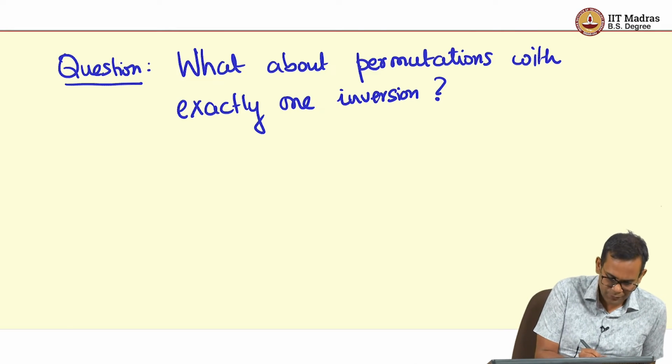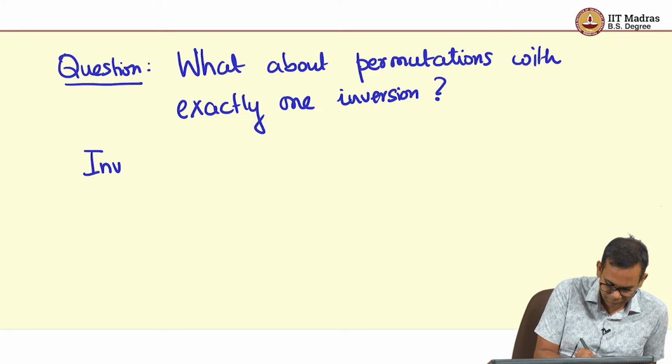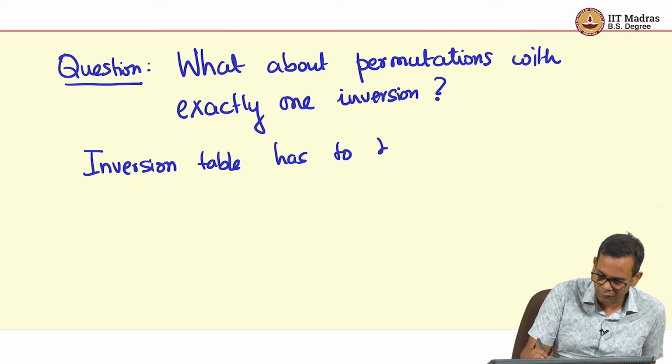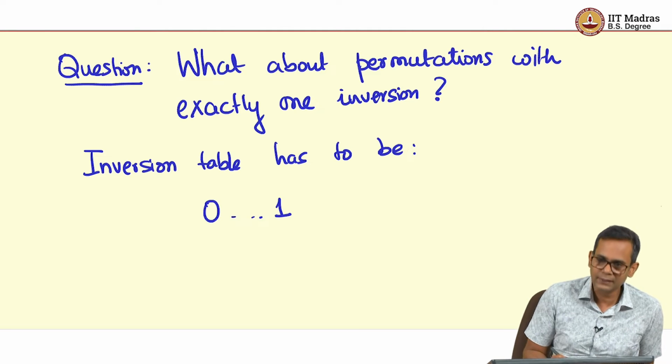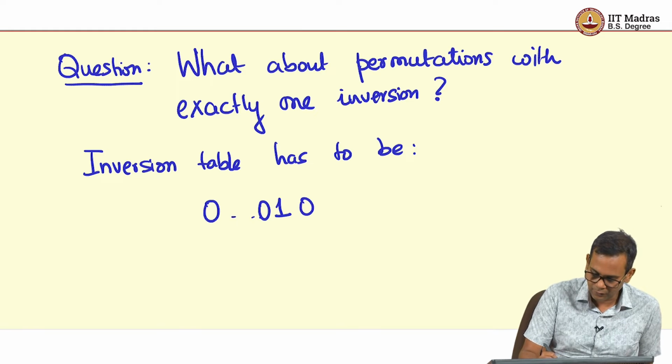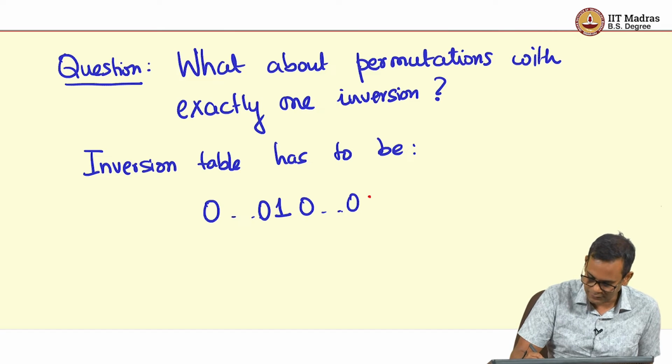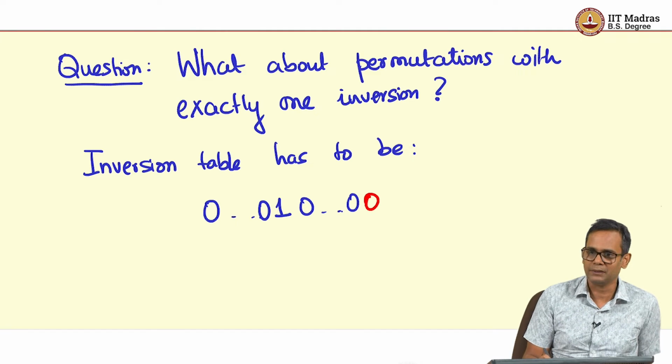The inversion table must sum to 1. So, it has to be of the form, you have a bunch of zeros, then you have a 1 somewhere, and then again a bunch of zeros, and the last thing has to be 0 because of the condition that Bn lies between 0 and 0.